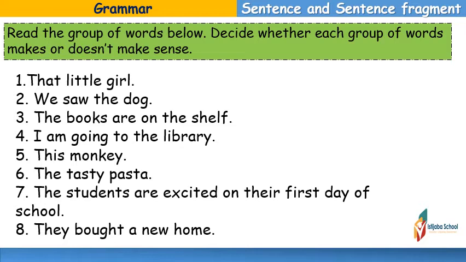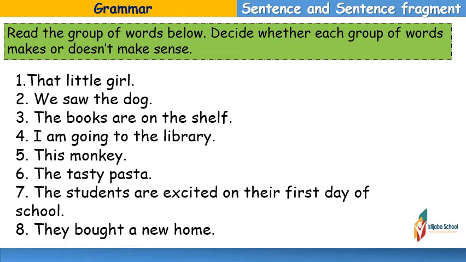Let's get started. Number one, that little girl. What do you think? Does this group of words make or doesn't make sense? It doesn't make sense because it is incomplete, or because it doesn't give a clear meaning. Number two, we saw the dog.